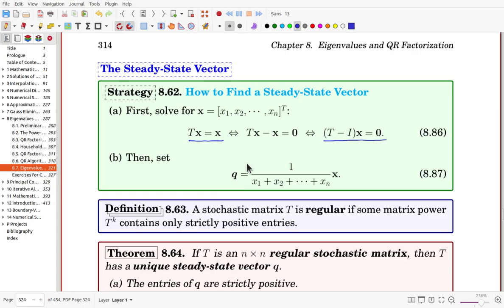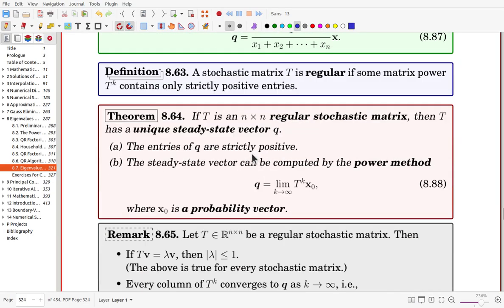Now, once we found a steady-state vector, the question is, is it unique? That's the question. To answer the uniqueness of a steady-state vector, we'll consider a new concept. Here, in the definition, we'll try to define a regular stochastic matrix.